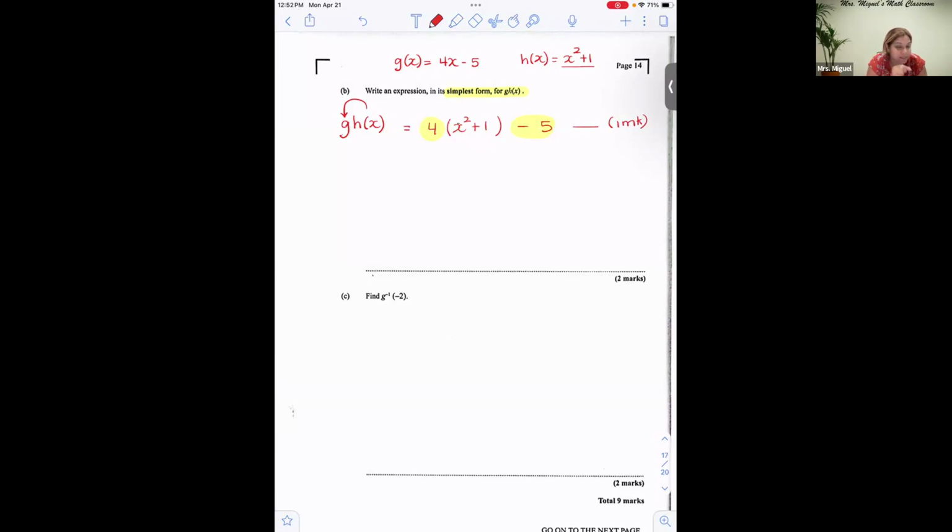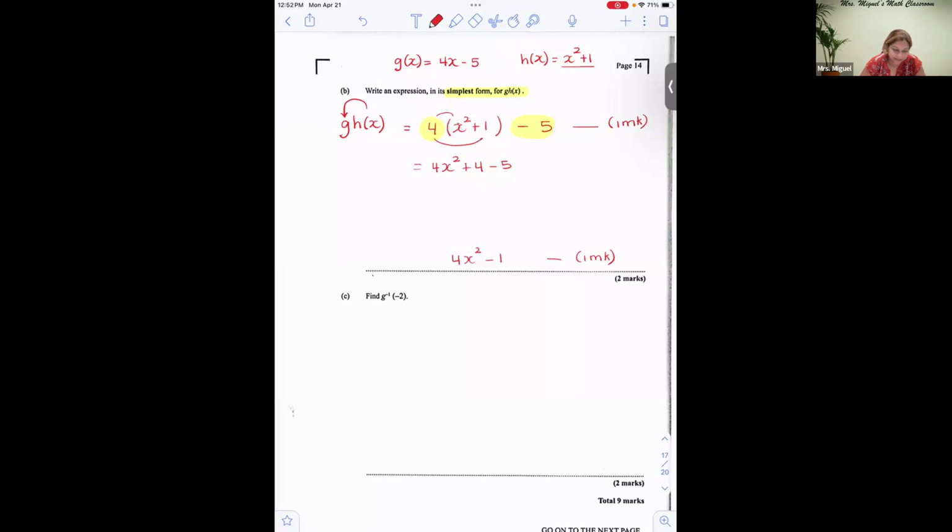You are expected to know that the brackets need to be multiplied. So this is 4x squared plus 4 minus 5. So this is 4x squared minus 1. And this will give you your second mark.